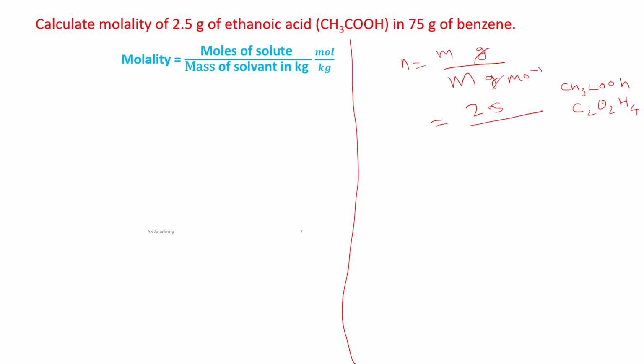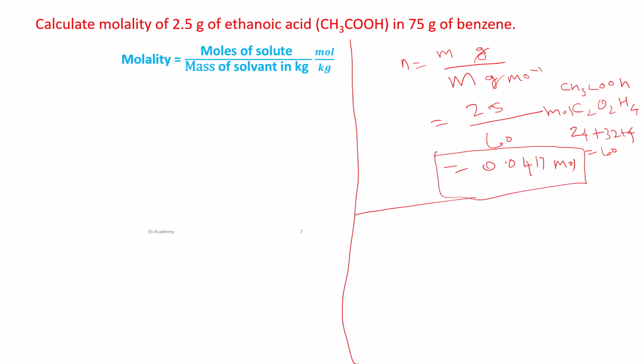One carbon is 12, so two carbon is 24. One oxygen is 16, two oxygen is 32. One hydrogen is 1, four hydrogen is 4. So the molar mass is 24, 32, 4. It is 60. So substitute here 60. 2.5 divided by 60, we will get 0.0417 mole.